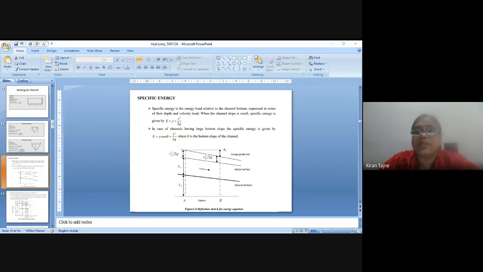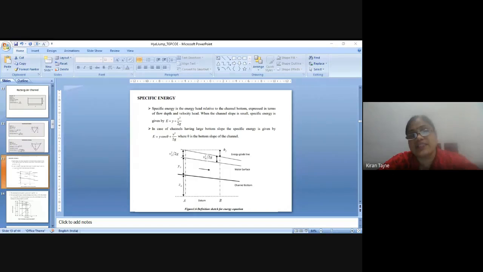So that v square by 2g is nothing but the velocity head. So this specific energy is the energy head relative to the channel bottom expressed in terms of flow depth and velocity head. Okay. Here in the figure, datum head is also shown. Most of the time, the channel bottom is considered as datum.